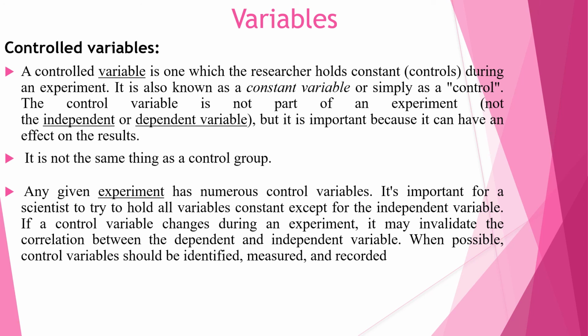So whenever possible, control variables must be identified, measured and recorded beforehand, and kept as they are throughout the experiment. Otherwise, they may affect the relationship between the independent and dependent variable.